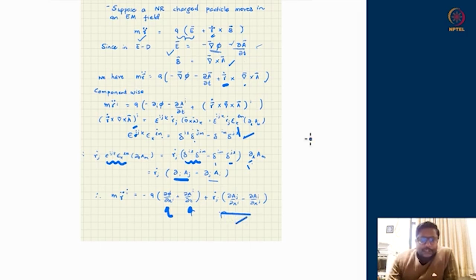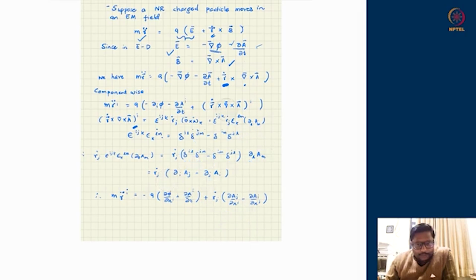Okay, so we have all the components of the fourth term which we have written previously, and this is the compact notation of writing the various components of the forces.